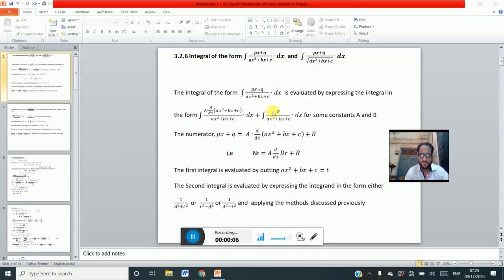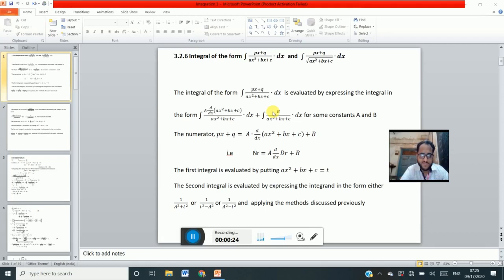See, in the previous class we saw examples of the type integration of dx upon a sin x plus b cos x plus c, and integration of the type dx upon a sin 2x plus b cos 2x plus c.